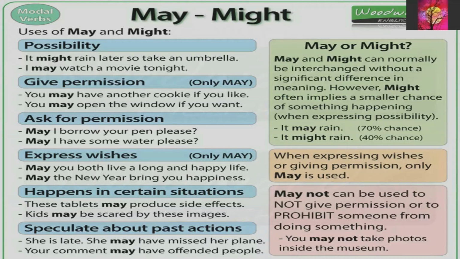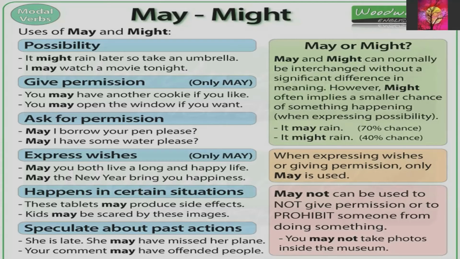The modal verb may is also used in certain situations, such as these tablets may produce side effects. Kids may be scared by these images. So again, it is showing a sense of possibility. Also, when you're speculating about some past actions or something which has happened in the past, she is late.